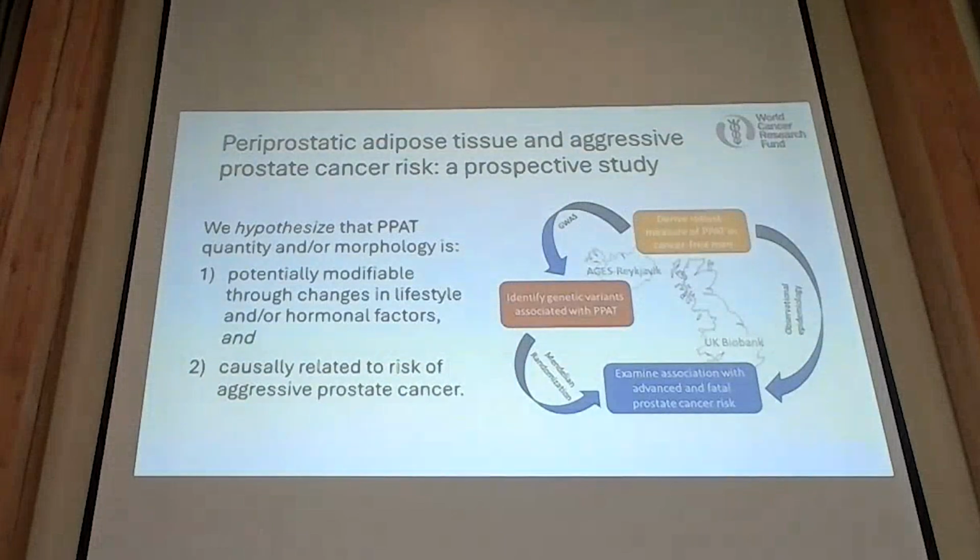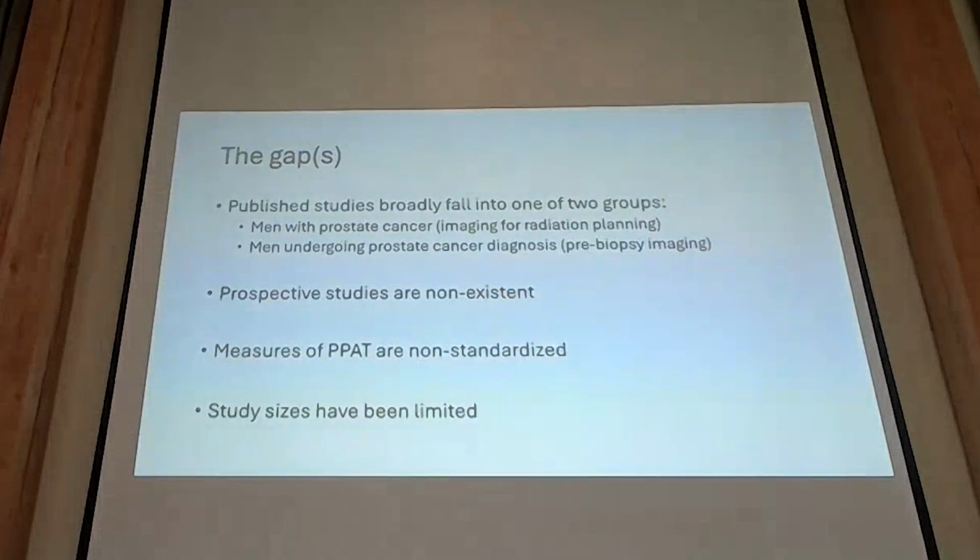But I think the compelling thing for me is that there are some pronounced gaps in the research to date. So the published studies kind of broadly fall into one of two groups, and these are the studies that have used imaging to quantify PPAT in people.